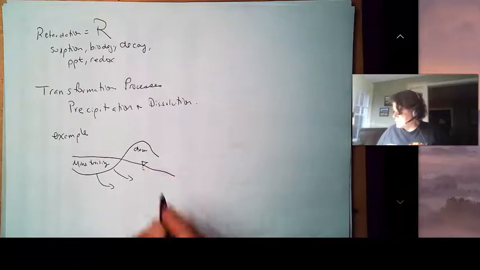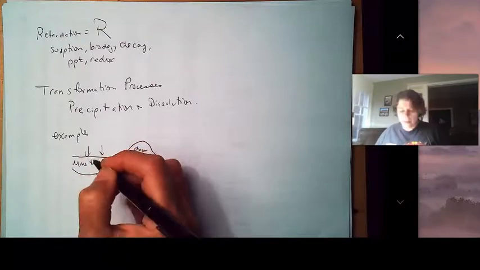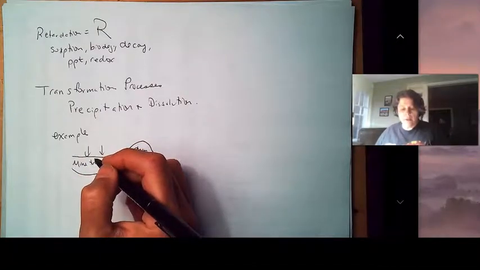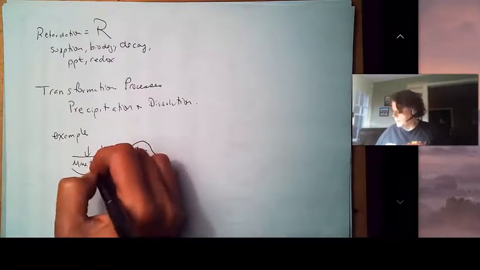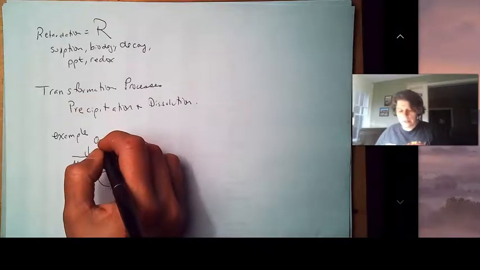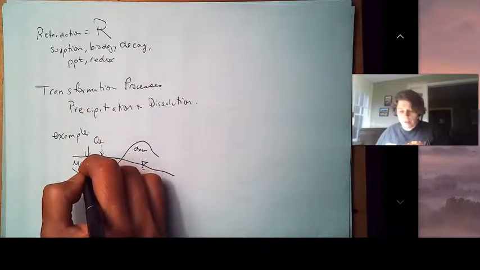This is our symbol for groundwater. Then we have rain coming in this way. The dissolved oxygen in the rain reacts with the sulfide minerals in here. So we have the O2 reacting with the sulfide minerals inside of the mine tailings.